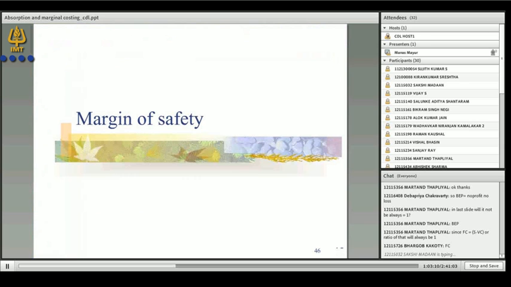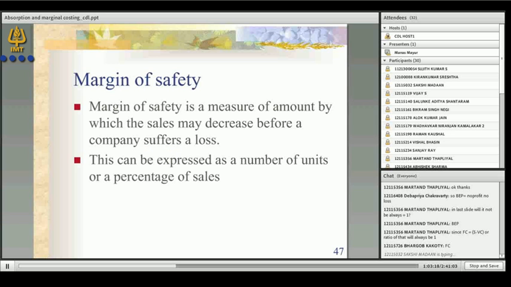The next concept is margin of safety. Margin of safety is a measure of the amount by which the sales may decrease before a company suffers a loss. This can be expressed as a number of units or a percentage of sales. In very simple terms, it is the sales over break-even point.